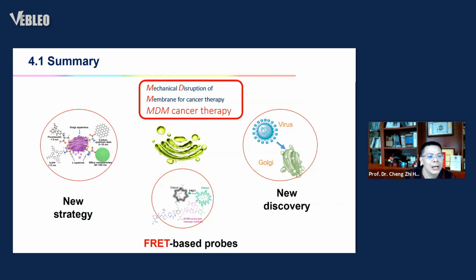And with the delivery of cysteine groups and furin expressed in the Golgi of cancer cells, a heptapeptide F4KY was released on the trans side of the Golgi, self-assembling into helical fibers and mechanically disrupting the membrane of the Golgi, making the new cancer therapy based on the mechanical disruption was developed, which showed less acquired drug resistance.